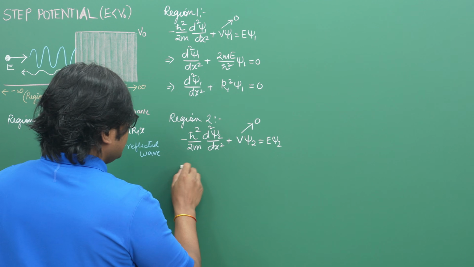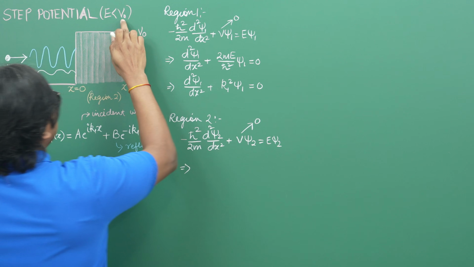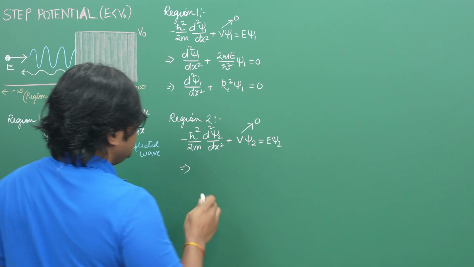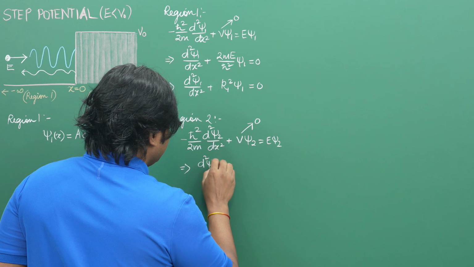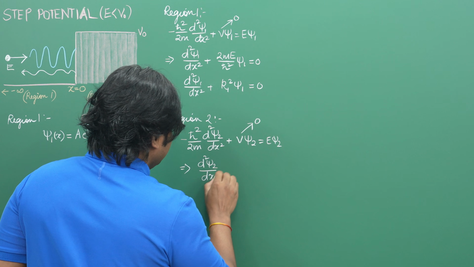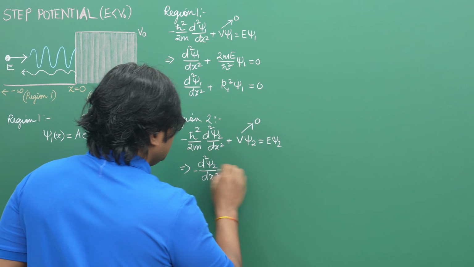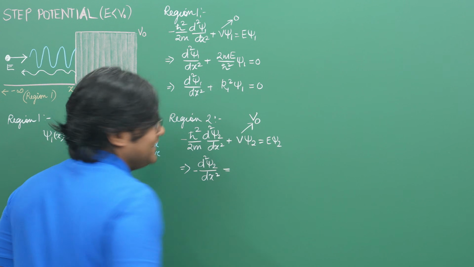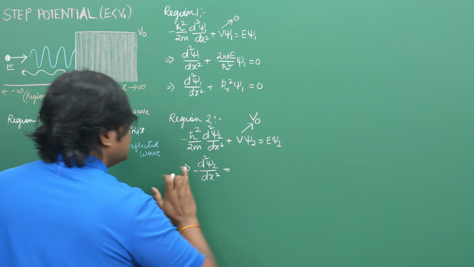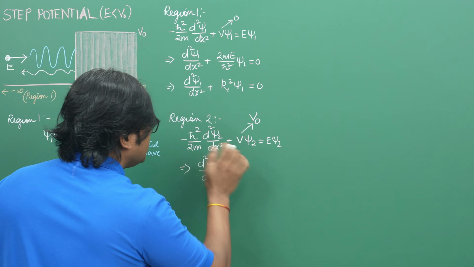So if this is the case where V0 is greater than E, then I want to write it in this particular manner. d2 psi 2 upon dx2 is equal to, this is V0 by the way, not 0. Let's remove the negative sign here and take it to the right hand side.